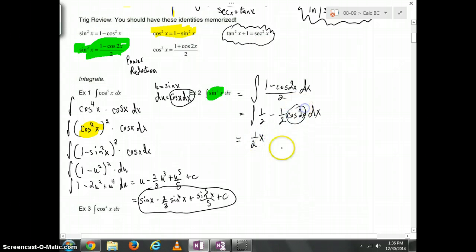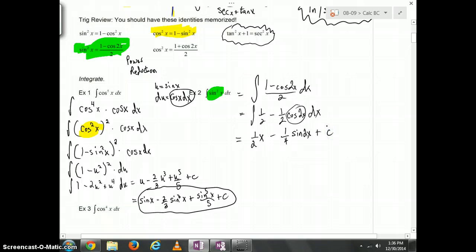Now the antiderivative of cosine of 2x, you might expect for there to be a sine of 2x in there, but we're going to reverse the chain rule. The chain rule, if we took a derivative, would involve multiplying by a 2, the derivative of the inside. We're actually going to divide by 2 since we're taking an antiderivative. So dividing by 2 is the same thing as multiplying by a 1/2.